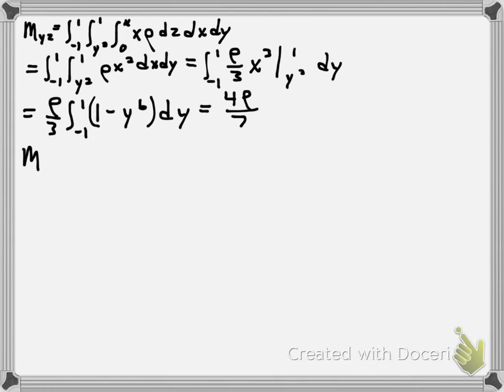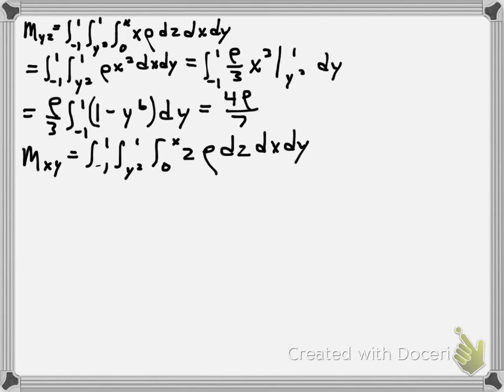And to compute m xy, we are going to integrate from -1 to 1, integrate y squared to 1, integrate from 0 to x, z rho dz dx dy. This is going to equal the integral from -1 to 1, integral y squared to 1.